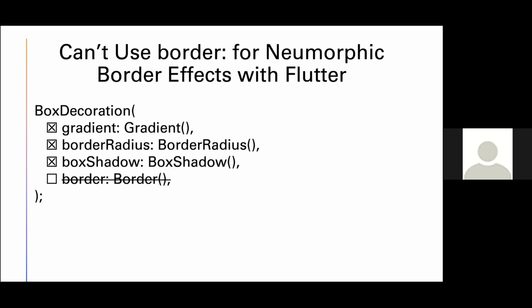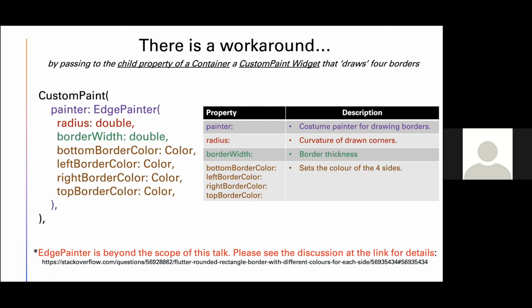However, there is a workaround. This is going to be beyond the scope because of the time restrictions that I have. But basically what we're going to do is enter into a custom paint. A custom paint tells Flutter how to paint lines that you want to use.